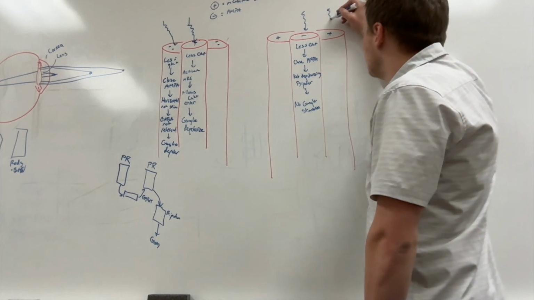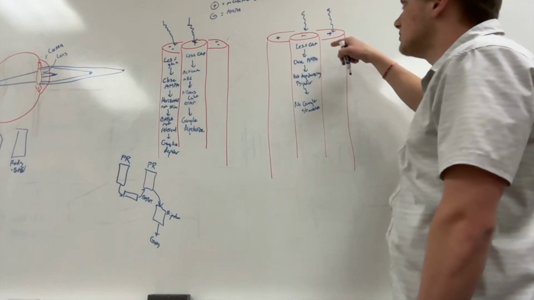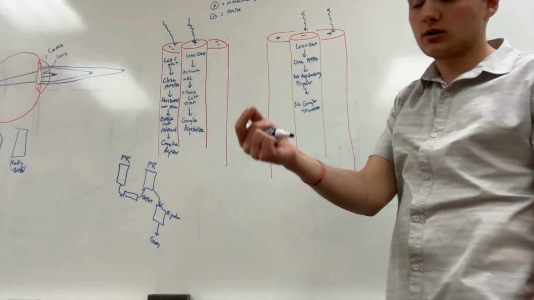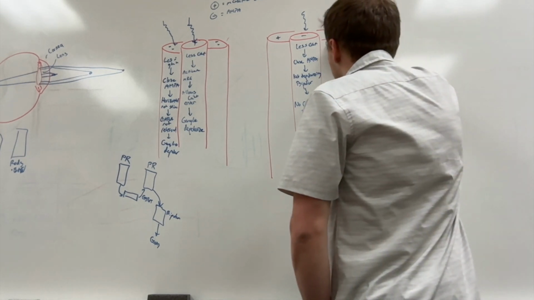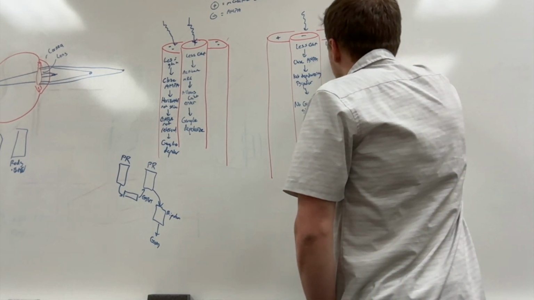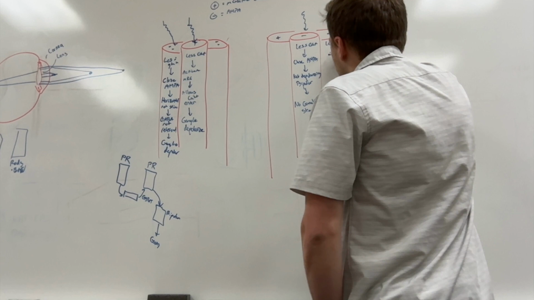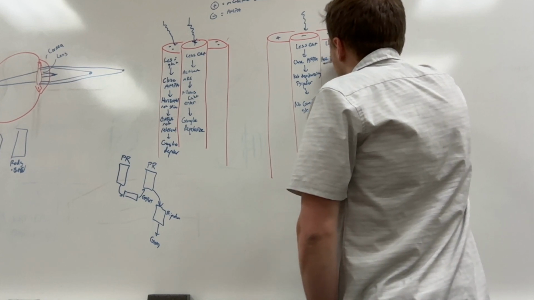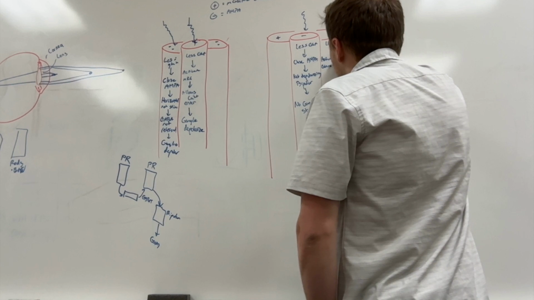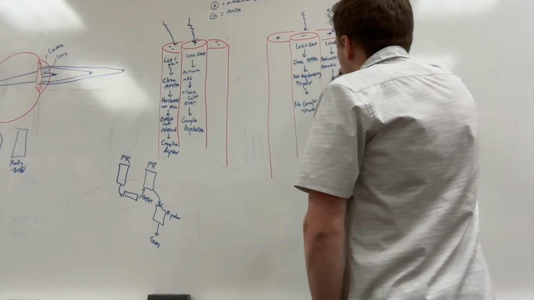If our light is hitting our on-surround, off-center, then what we will see is we're still seeing less glutamate, but we're now activating mGluR6.